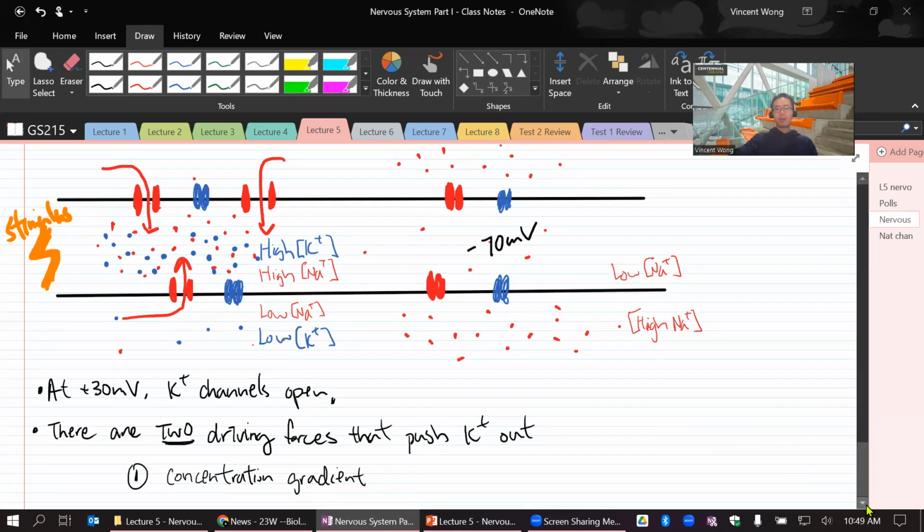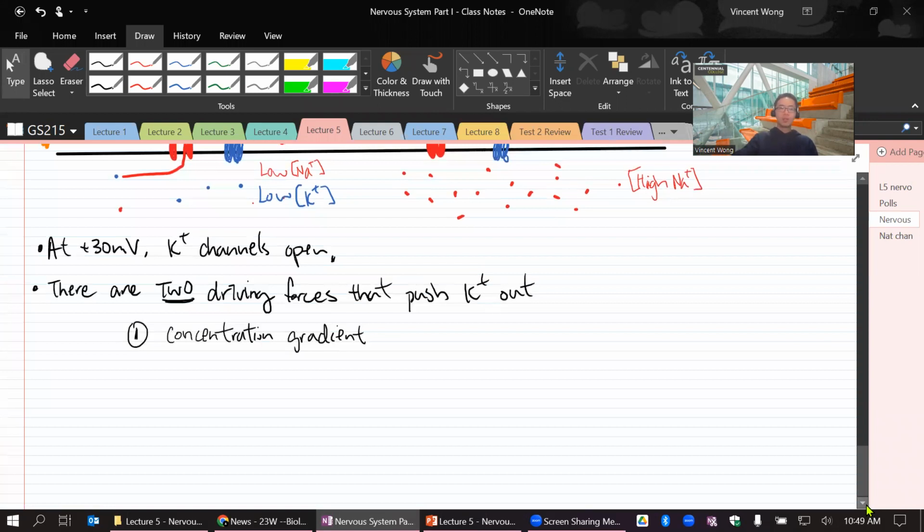So a second driving force that would really push the potassium out, right, is the electrostatic repulsion. Which means like charges repel, right?